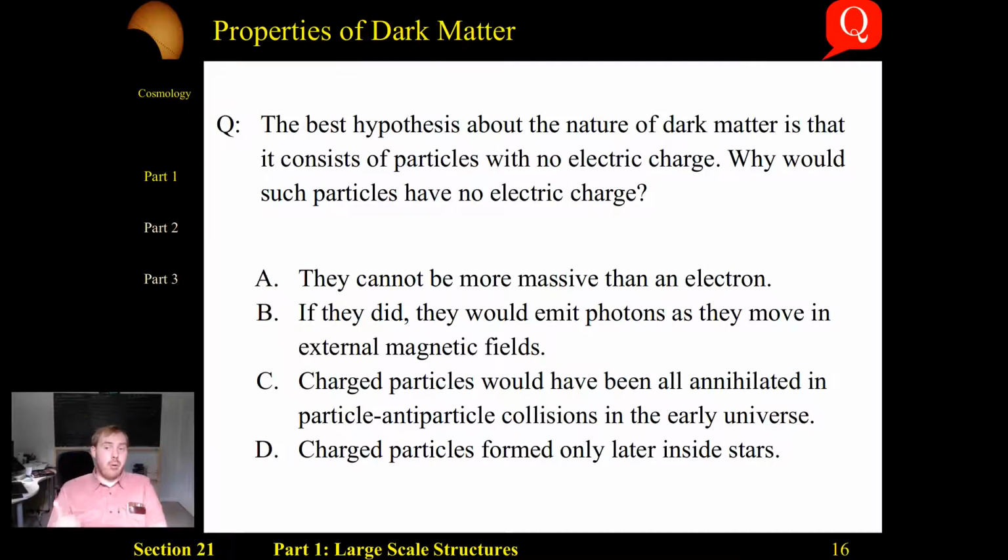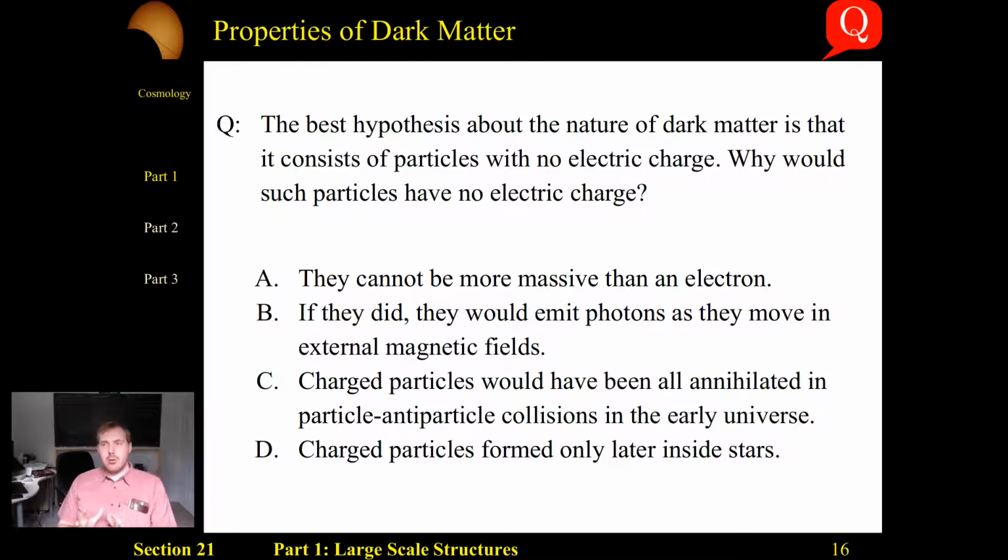So the question I propose to you is, how do we know that? I just told you, literally in the previous slide, we don't know what dark matter is. So how can I so confidently tell you that I know it must have no charge? No excess positive charge, no negative charge, and possibly just straight up no electric charge. How can I know that? Let's go ahead and pause, think about this for a moment, and come right back.